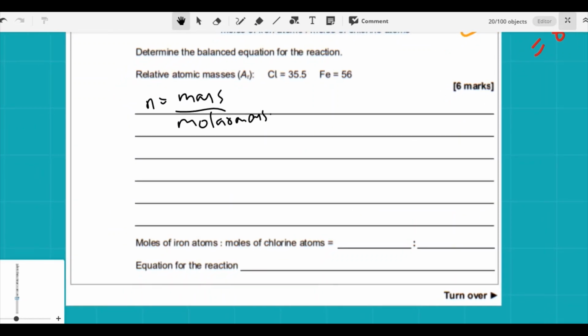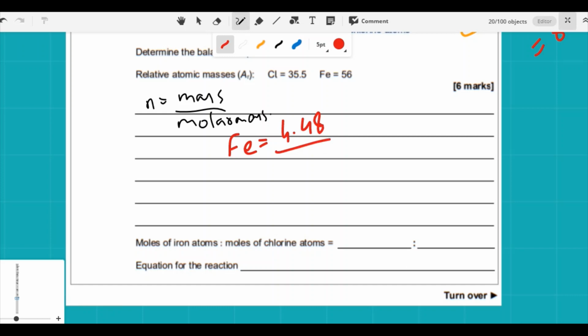Now for iron, Fe is equal to 4.48 divided by the molar mass, which is 56, so that equals 0.08, while the chlorine will equal 8.52, that is the mass, divided by 35.5, so that equals 0.24.